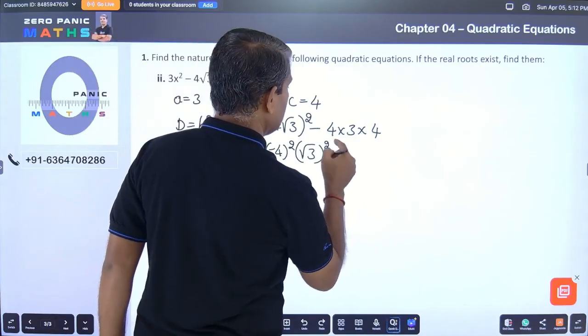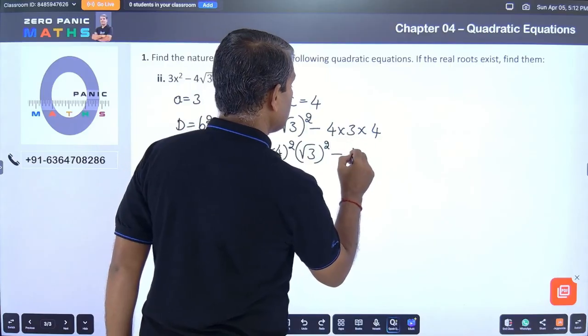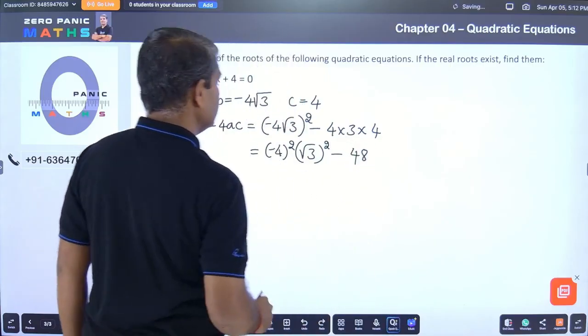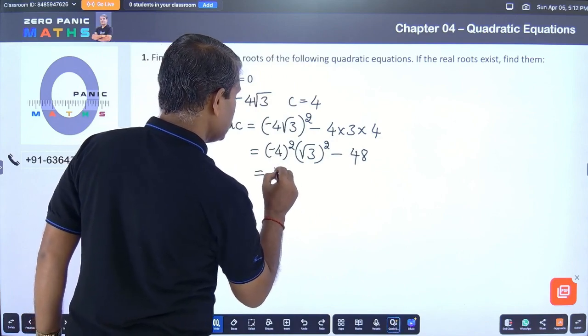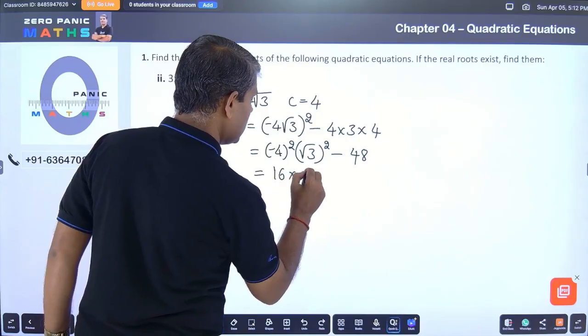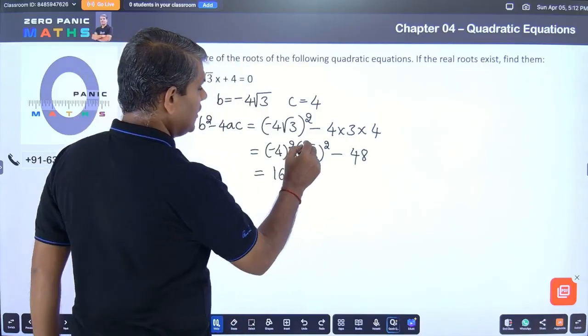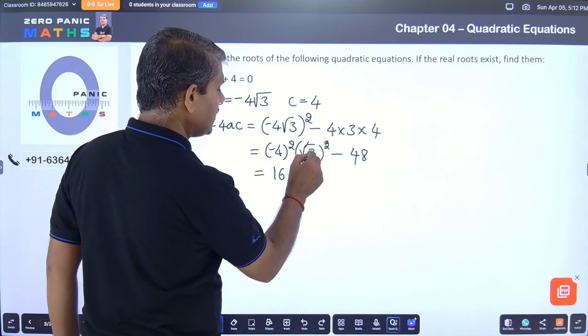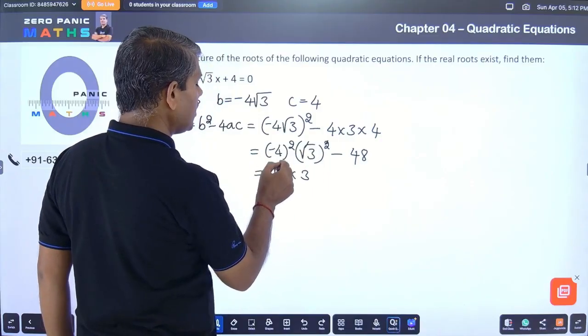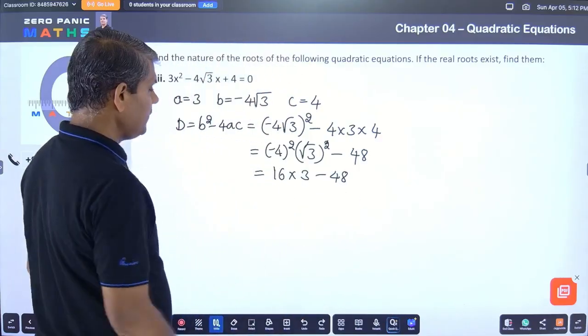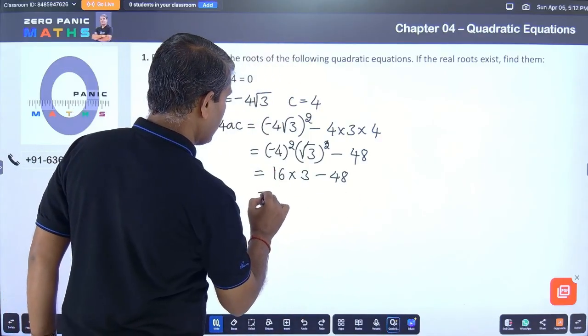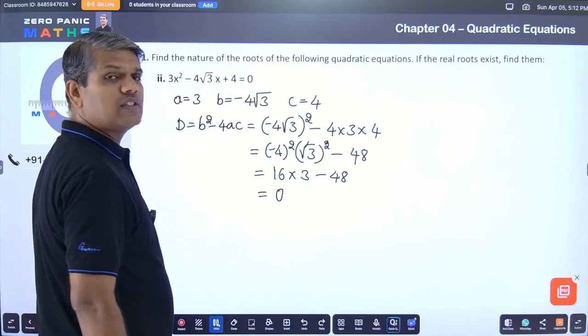Minus 4a, a is 3, c is 4. Square root and square will get cancelled, and minus 4 into minus 4 is 16, and 16 3s are 48. 4 3s are 12, 12 4s are 48. So the value is 0.